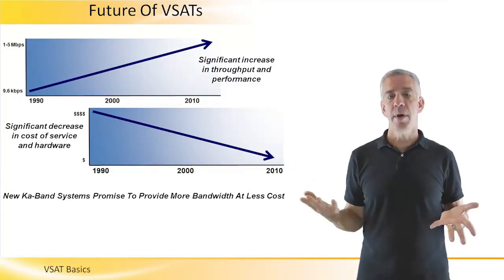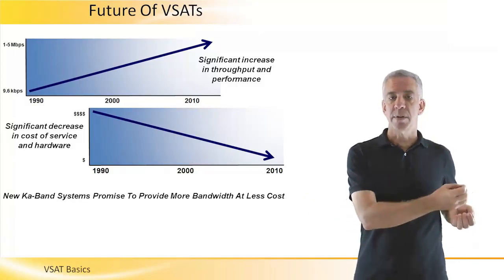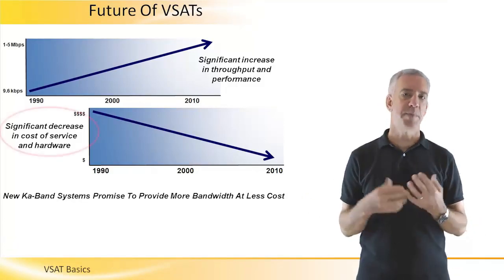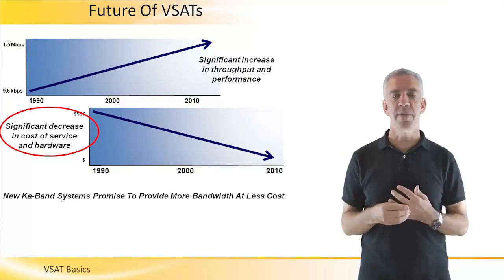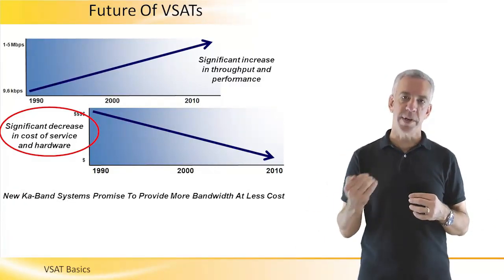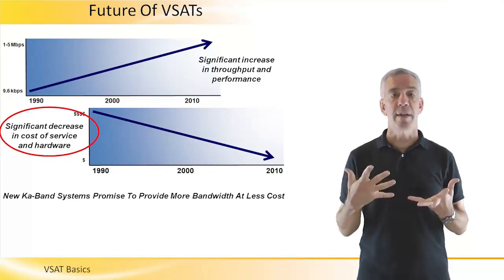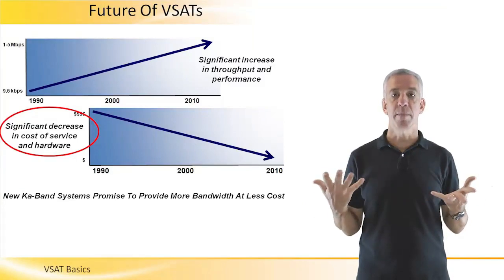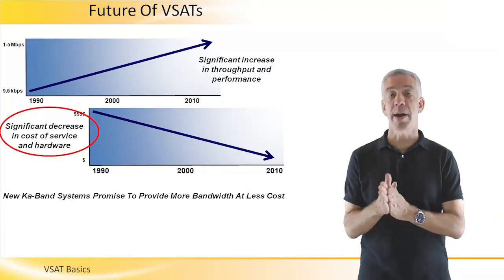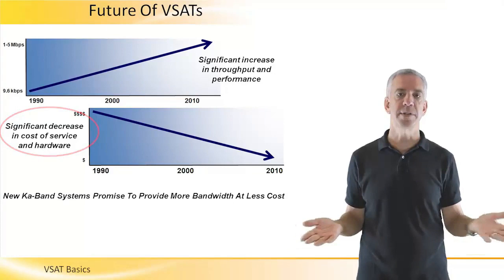At the same time, over the last 20 years, the cost of VSATs, both in terms of the cost of the terminal as well as in the cost of the service delivery, have decreased significantly. And that's why there's well over 1 million VSATs being used for satellite broadband by home users in the US.